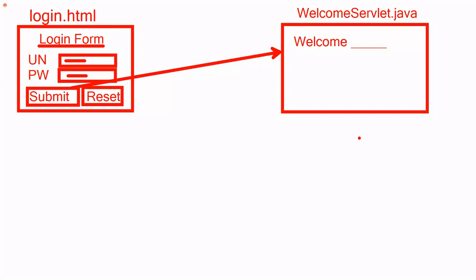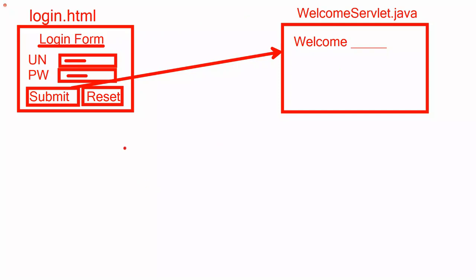Servlets are different, listeners are different. A servlet is not executed until you send a request, but listeners are automatically executed. That difference is there. But how a filter will be useful in servlet programming, you observe. You will type username, type password, and click on the submit button. Here the welcome servlet URL pattern will be written: form action equal to the welcome servlet URL pattern.